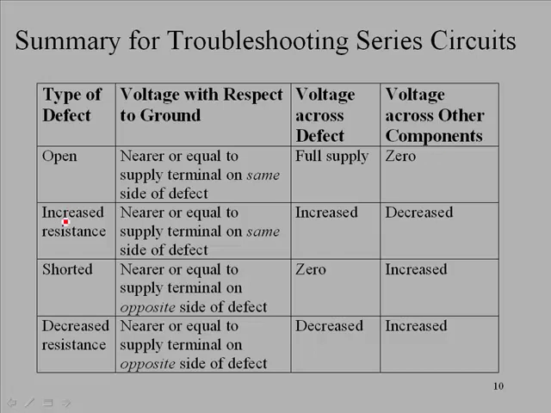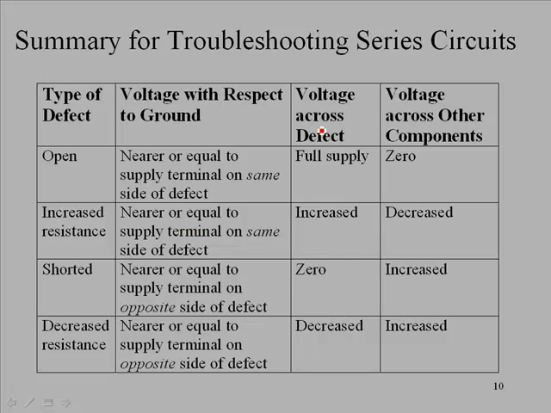Okay, now the increased resistance, which is similar to an open. Now it's not the same thing as an open. An open is more severe. It is infinite resistance, where increased resistance is going to be larger resistance, but not infinite. Near or equal to the supply terminal on the same side of the defect. Now your text just puts the same voltage with respect to ground that you would see with an open. I would expect it to be a little bit less.